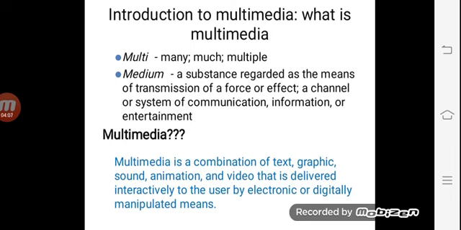Let me give you a very simple example of multimedia communication, and how the enrichment of information has transformed. Let us consider that you are watching a cricket match which was telecasted in the early era of the 1980s.